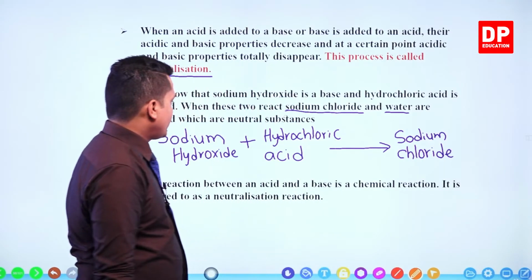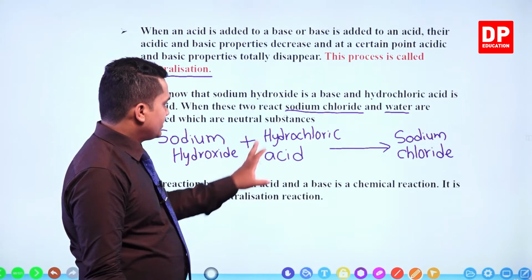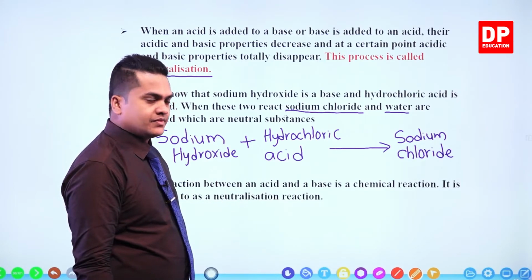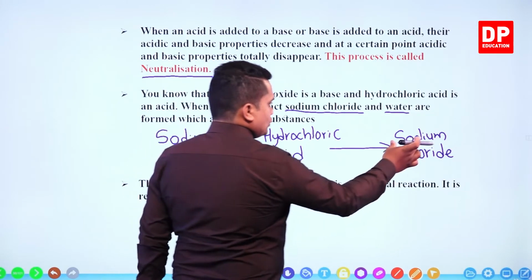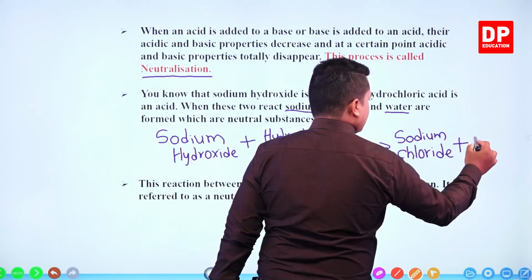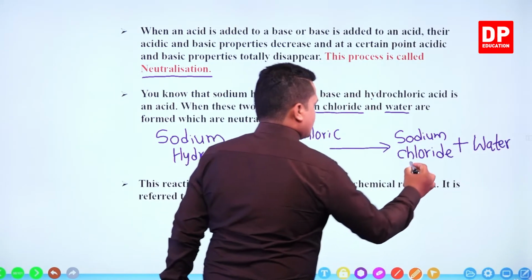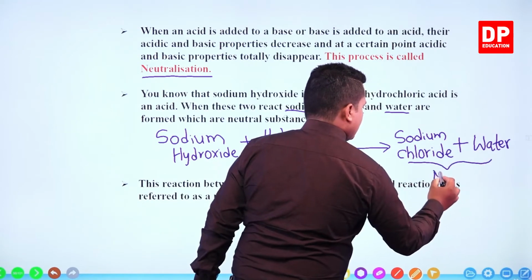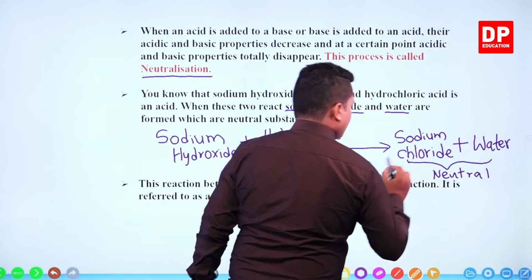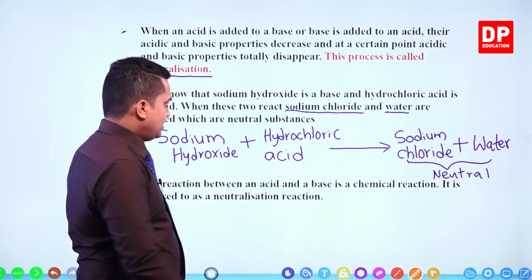Sodium chloride. Sodium hydroxide plus hydrochloric acid is going to create sodium chloride plus water. So here both the substances are neutral.